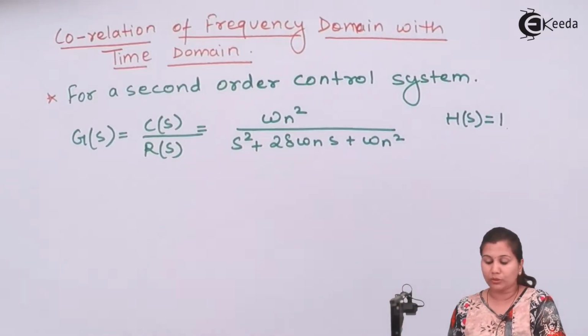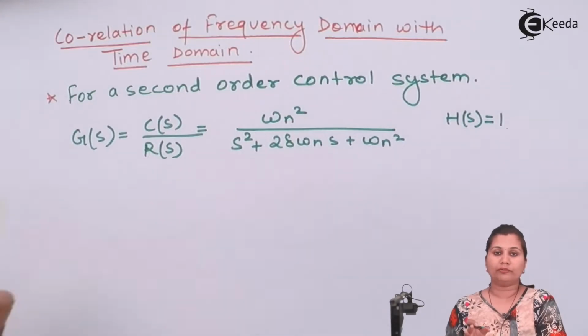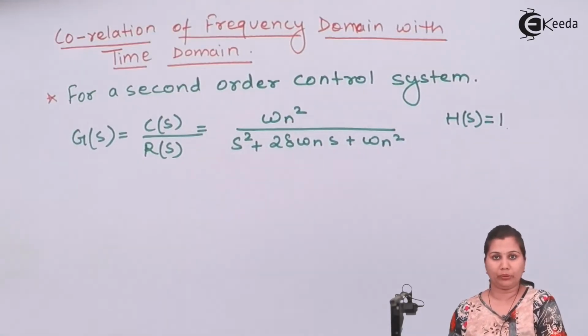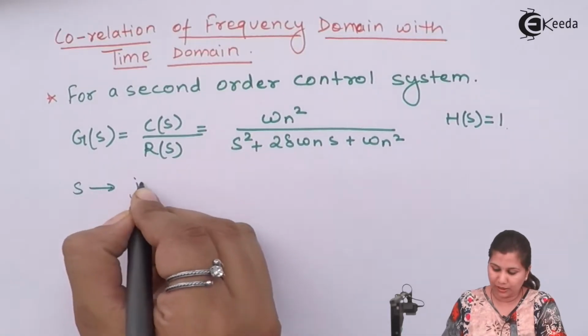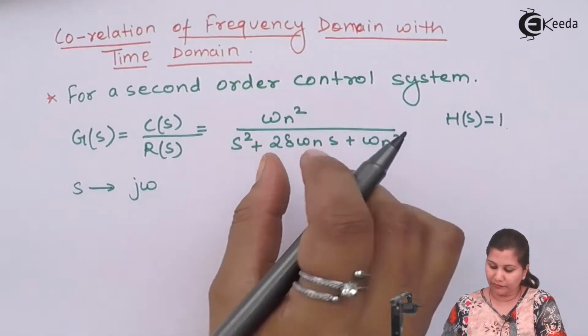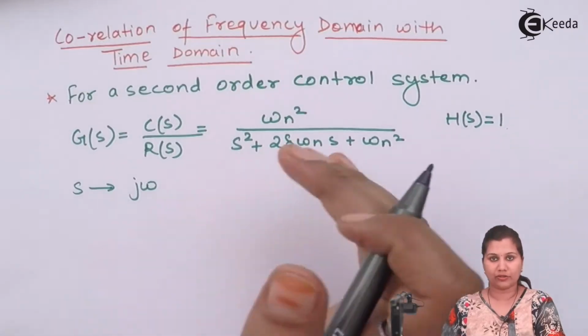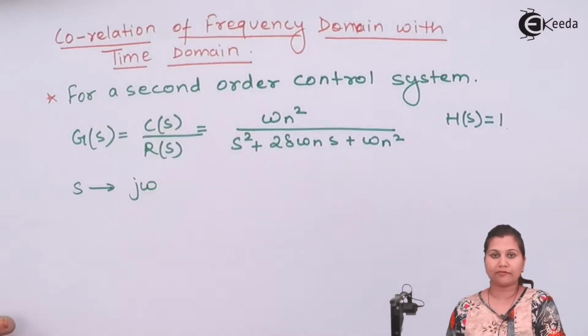Now we know that whenever we want to convert a system from the time domain to the frequency domain, we just have to replace s by j omega. So wherever we have s, we will write j omega, and then this transfer function can be converted to the frequency domain.